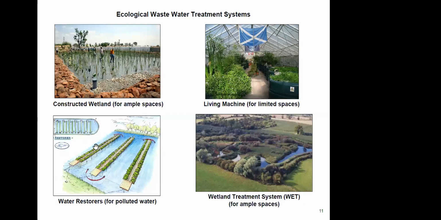The other picture to show you, bottom left-hand side, is if you've got a body of water that's contaminated. So for example, the wastewater that comes out of an abattoir, this is where this design comes from. What do you do with that water?